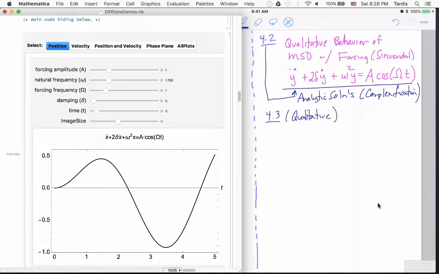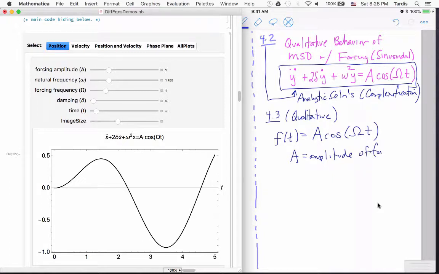We're focusing on the differential equation as above, and we're limiting our forcing function to be of the form A cosine Omega t. So A is the amplitude of the forcing function, and capital Omega is the frequency, sometimes called the driving frequency or the forcing frequency of the oscillations.